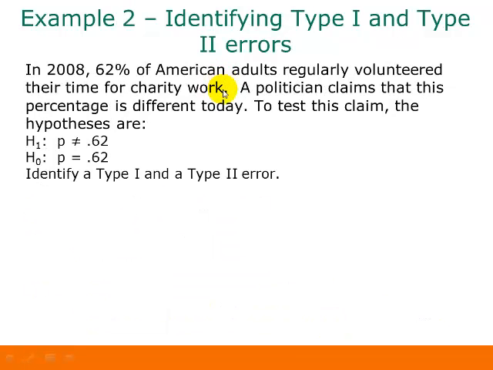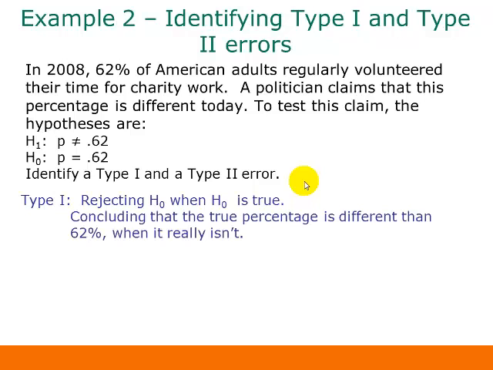Here's another example, and this is from the example about adults who volunteer for charity work. We came up with our two hypotheses. So again, type 1 error is rejecting the null hypothesis when the null hypothesis is true. This would mean concluding that the true percentage of Americans who volunteer for charity work is different than 62% when it really isn't.